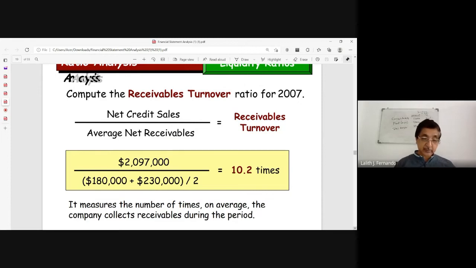Turnover means in a particular time period, how many times the sales have turned over. When you try to get the average net receivables, you need to take the initial receivables and the final receivables, add them up, and then divide by 2. That will give you the average net receivables. And net credit sales is the numerator.